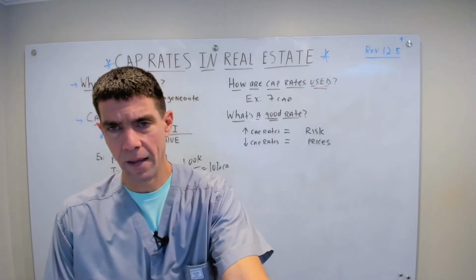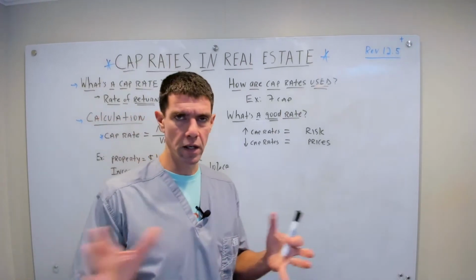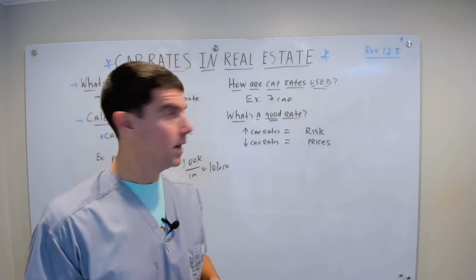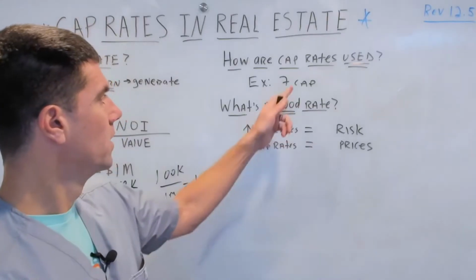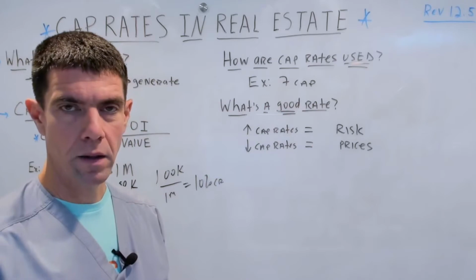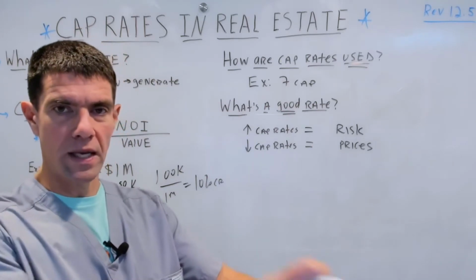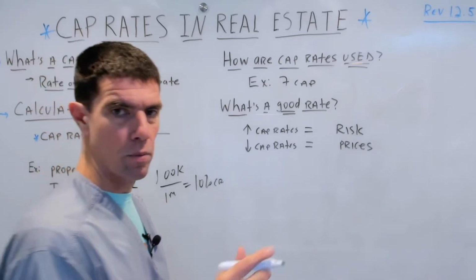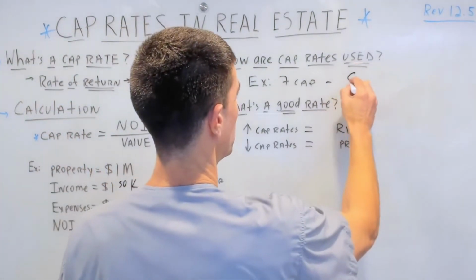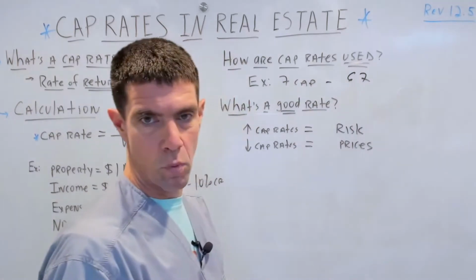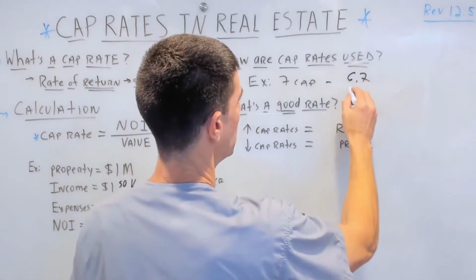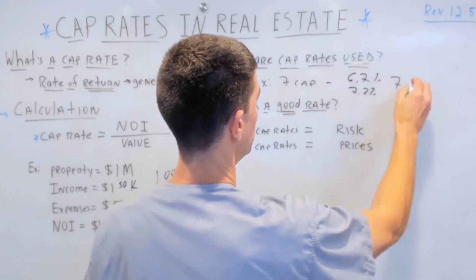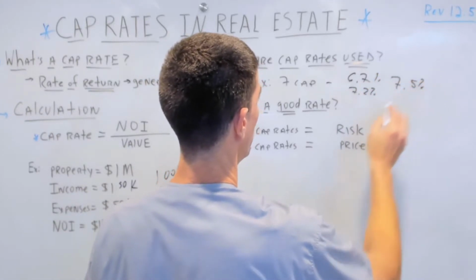So let's say, for example, you're looking at a particular apartment complex to invest in in your area, and let's say that it has a 7 cap. Then you're looking at some of the other buildings in the immediate area, and you see 3 additional properties with cap rates of, let's say, 6.7%, 7.2%, and another one around 7.5%.